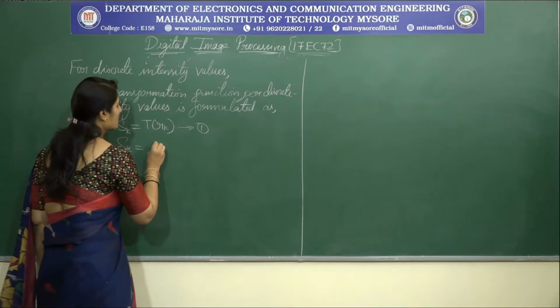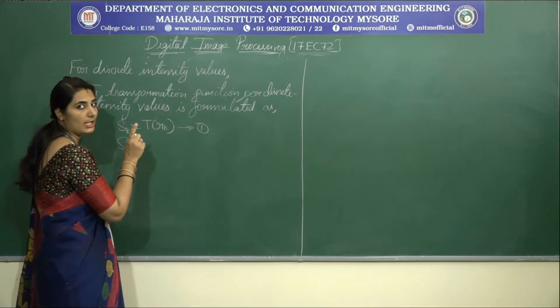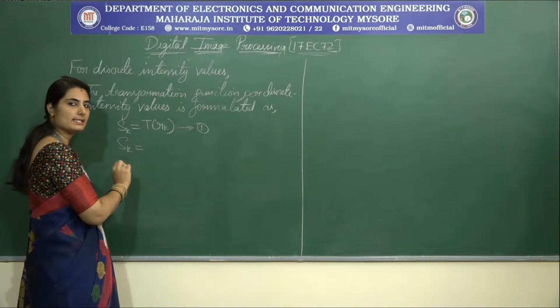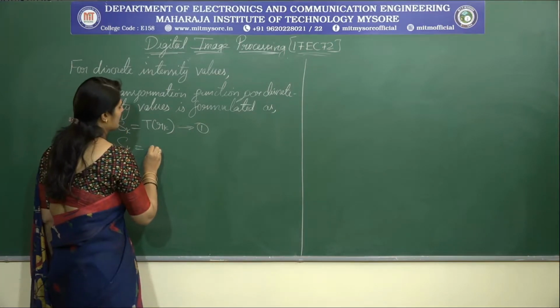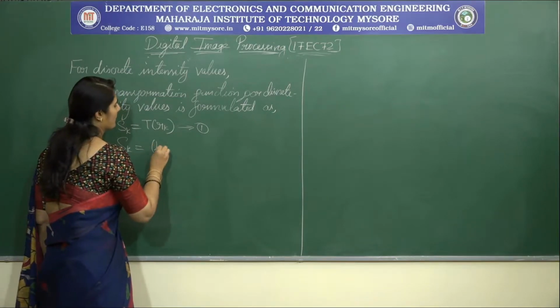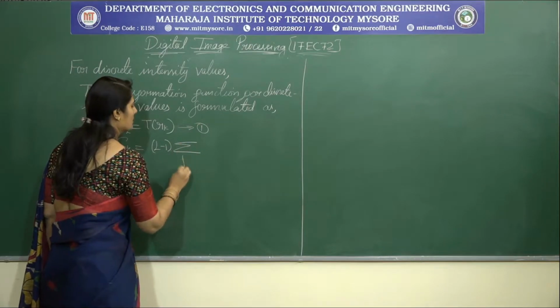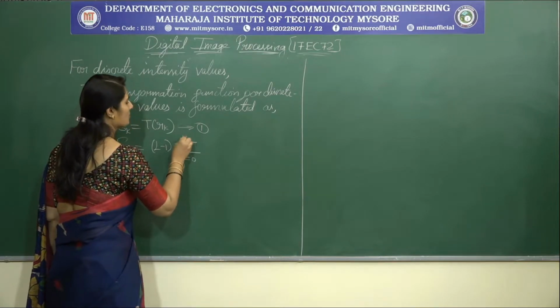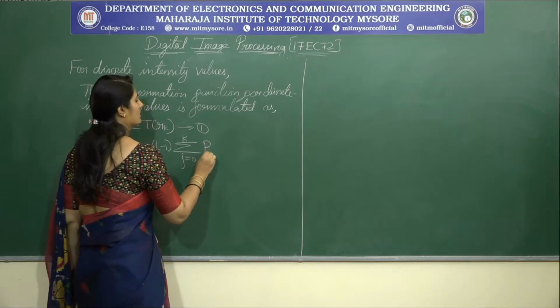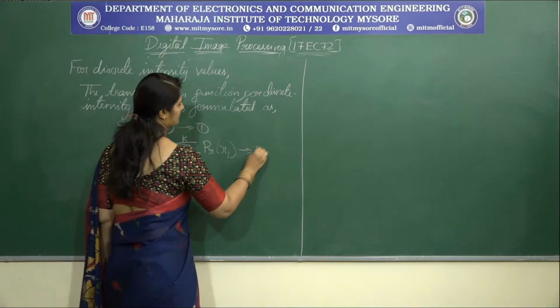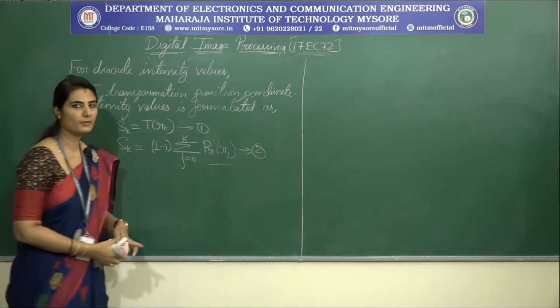So this T of Rk is equal to, since it is discrete intensity values, here integration is replaced by summation. Therefore this is equal to L minus 1 summation j equals 0 to k PR of Rj. So what is this PR of Rj?